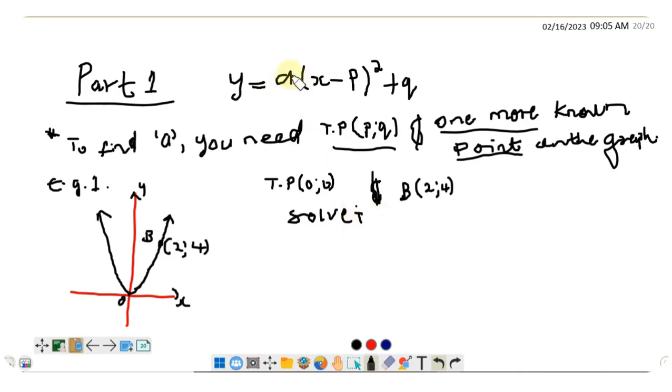So we start first by finding the value of A. y equals A into (x minus p) squared plus q.